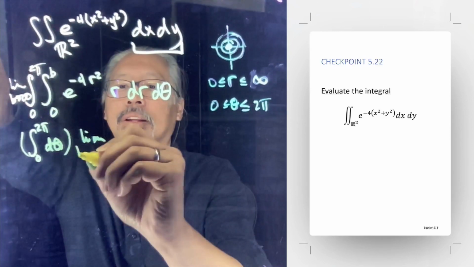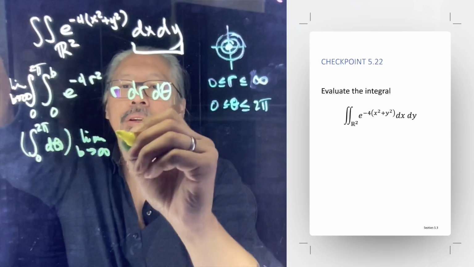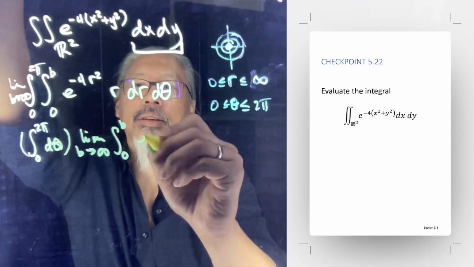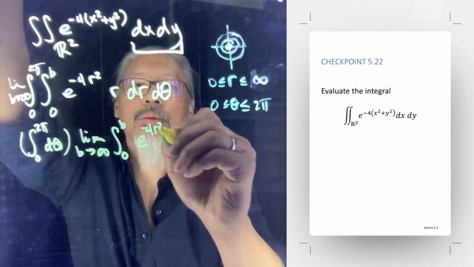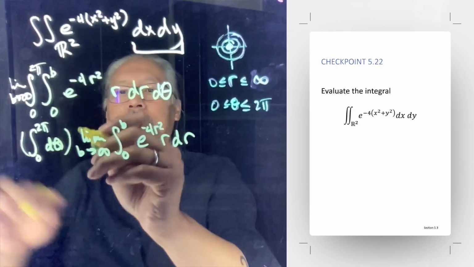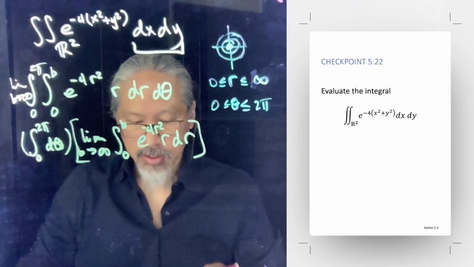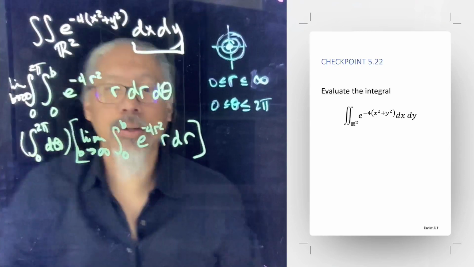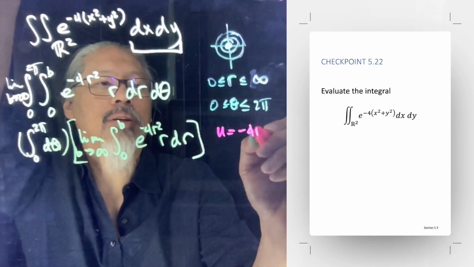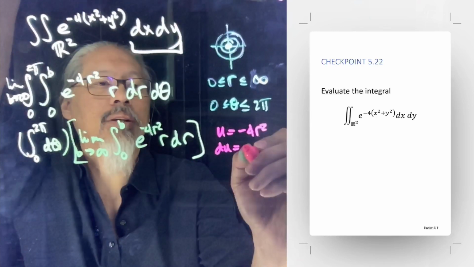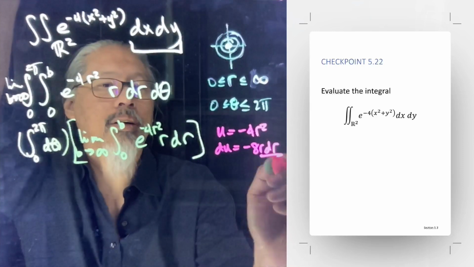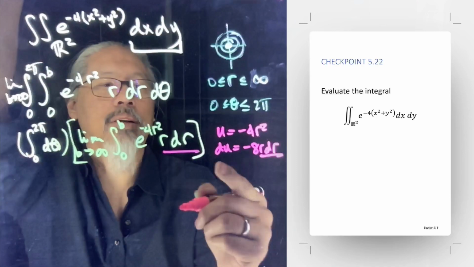And then now let's focus on the limit as b approaches infinity of this integral, and this is e to the negative 4 r squared r dr. Okay, now as we focus on this e to the negative 4 r squared r dr, let's do a u substitution. u is equal to negative 4 r squared, du is going to be negative 8 r dr, and so the r dr here gets replaced with negative 1/8 du.